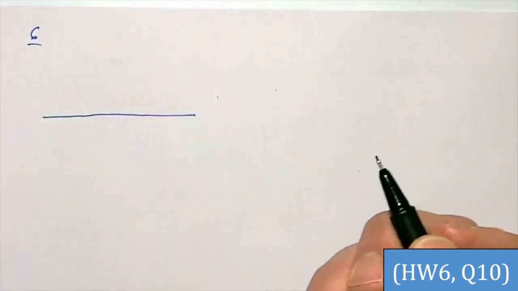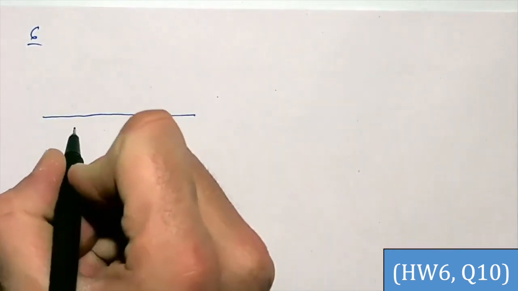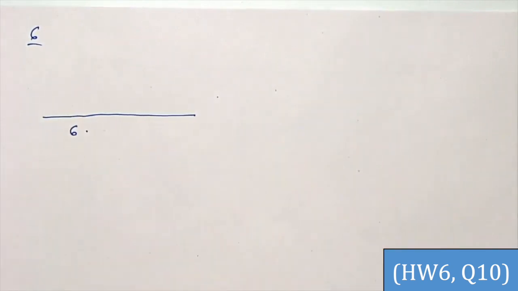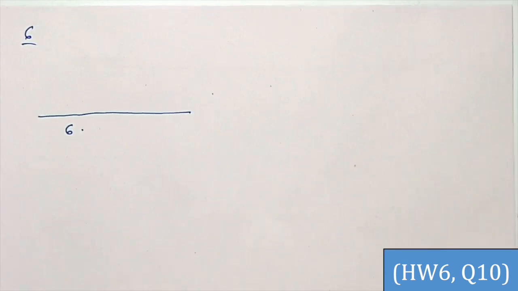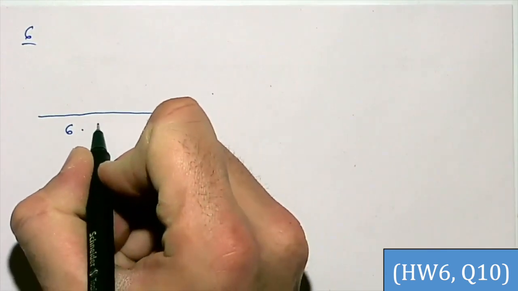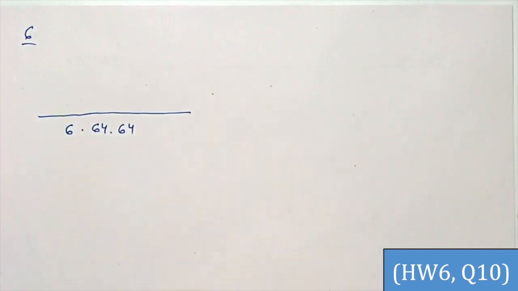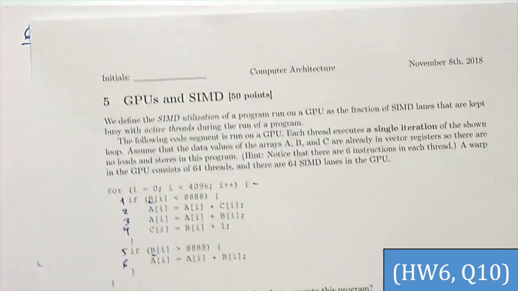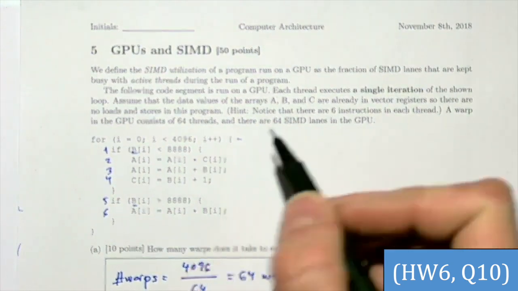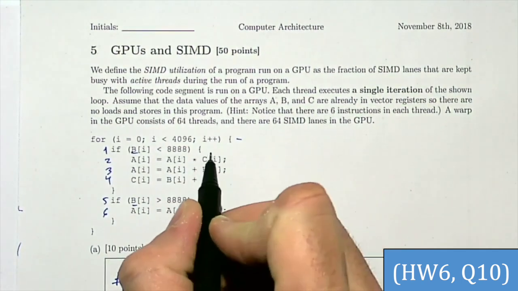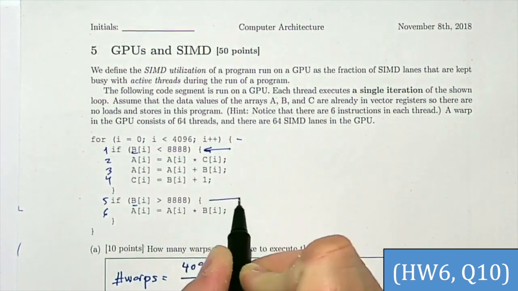What we know for sure is that these 6 instructions are going to be executed, potentially, maybe not, depending on the actual path of execution, by 64 warps of 64 threads. And there are some instructions, as you can see here, that are always executed by every thread. In particular, this one and this one.